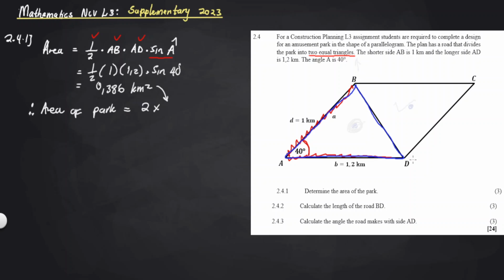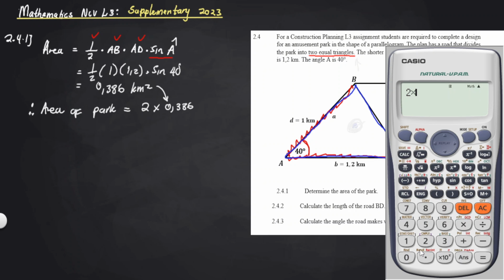You calculate the area of one triangle and multiply by 2. So 2 times 0.386 equals 0.772 kilometers squared. This is our area for the amusement park.